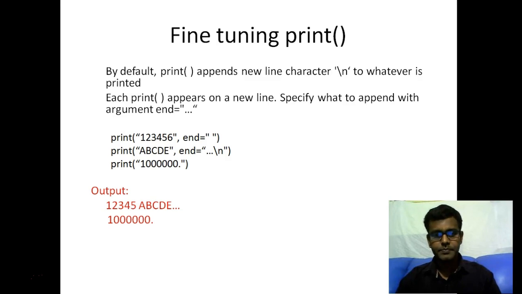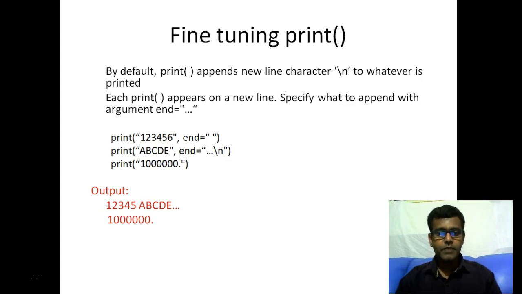In my second print statement, I am giving end equal to 3 dots followed by a slash n. What will happen after printing A, B, C, D, E? The 3 dots get printed, then one new line character gets printed, then it goes to the new line and prints the next data, that is 1 followed by 6 zeros.